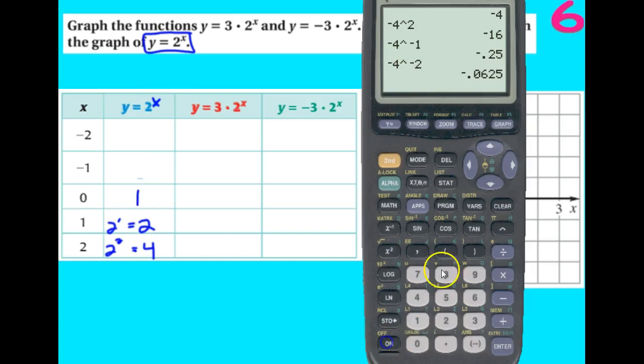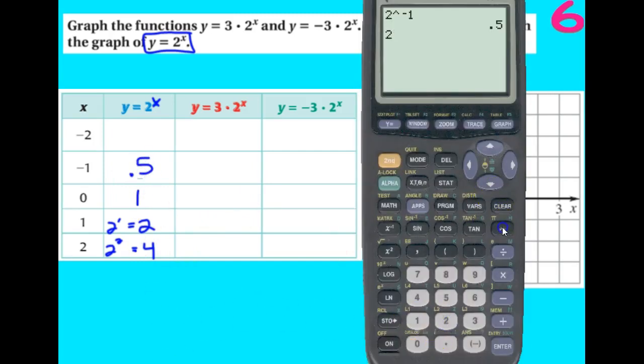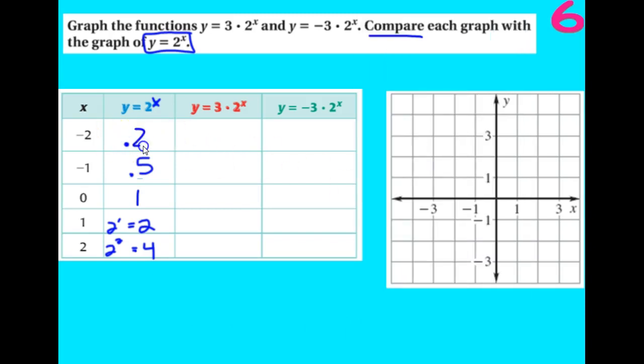If you're not quite sure, let's plug it in. 2 to the power of -1 gives us 0.5. And then finally, 2 to the power of -2 would give me 0.25. I'm going to erase these ones so they don't confuse us here. So those are our first numbers with 2 to the power of x.